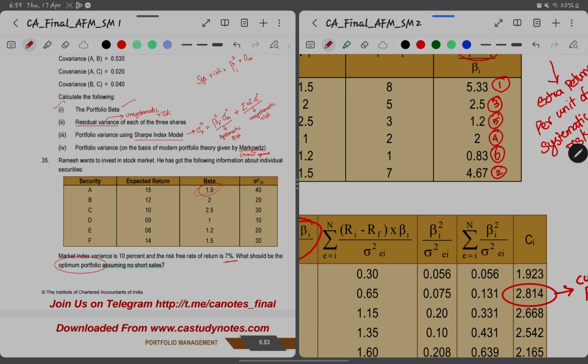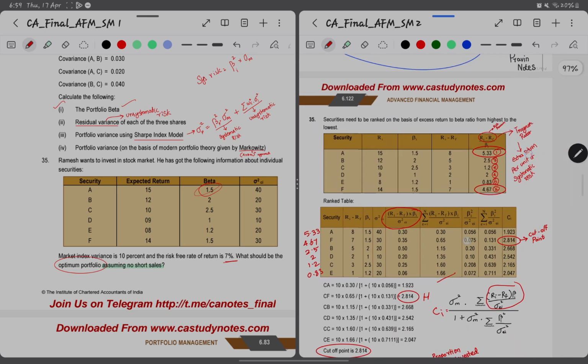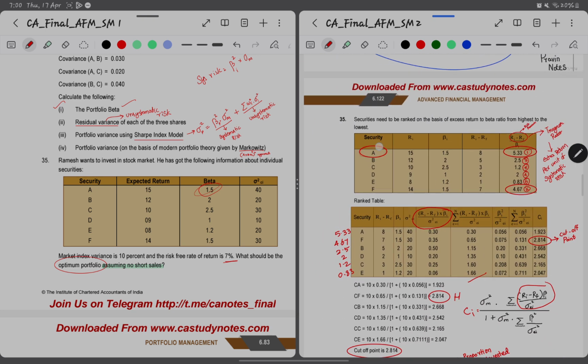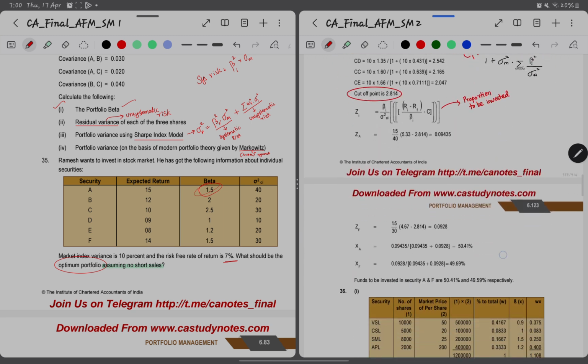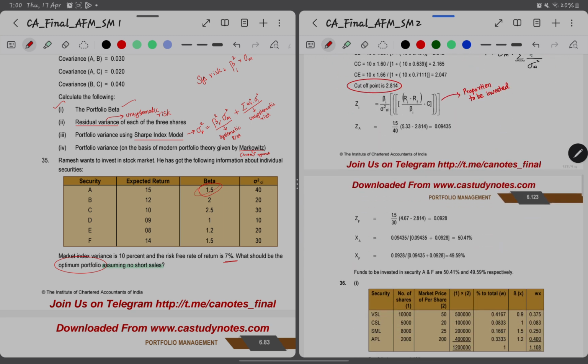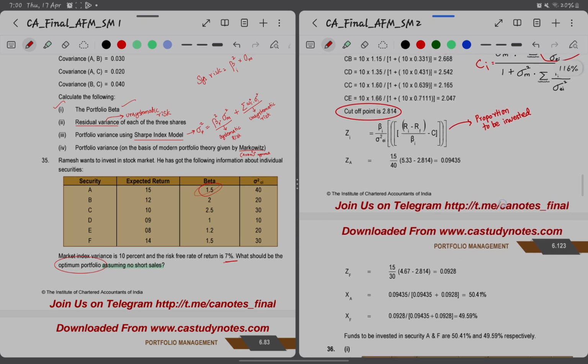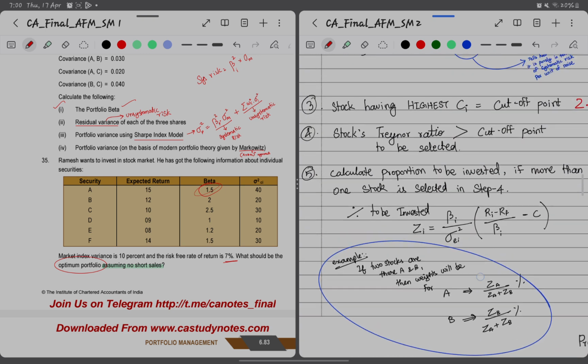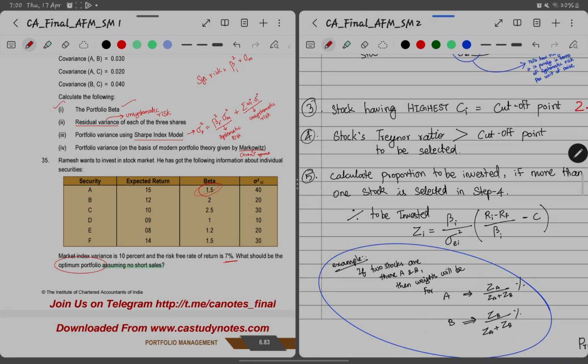If we see, 2.814 is the cutoff, so above this, whatever Treynor's ratio we have, we select only those, which is nothing but 5.33 in our case, and then 4.67. Others are not crossing the cutoff, so only security A and security F should be considered. Once that is selected, we have to calculate the proportion to be invested.